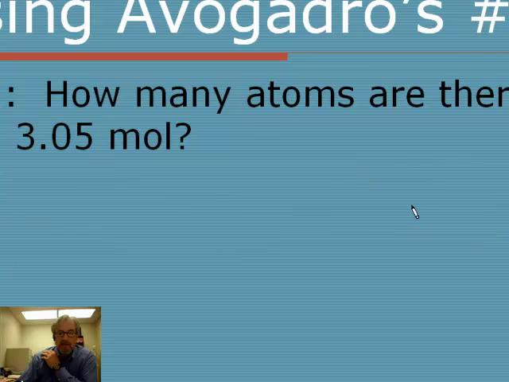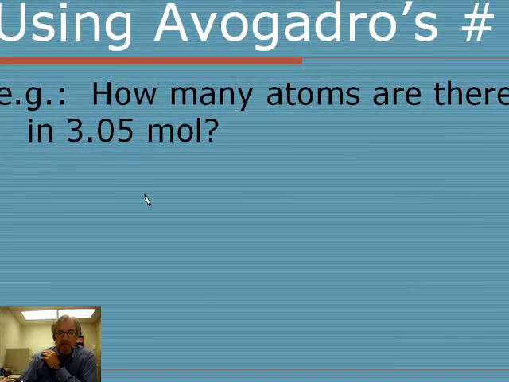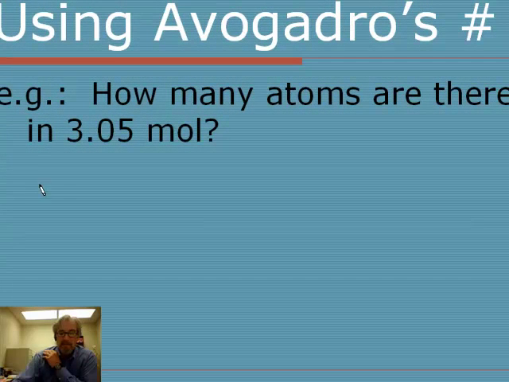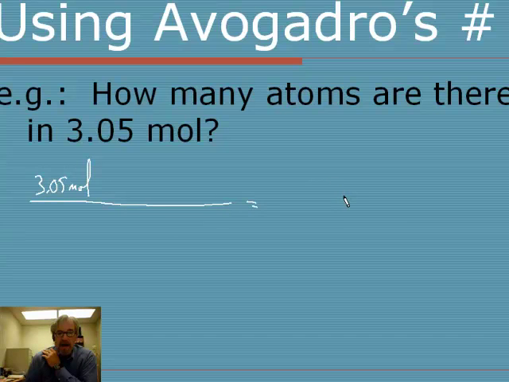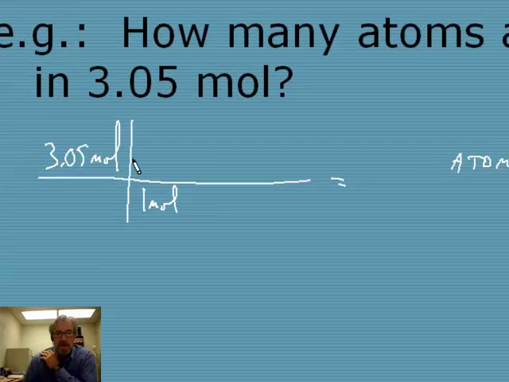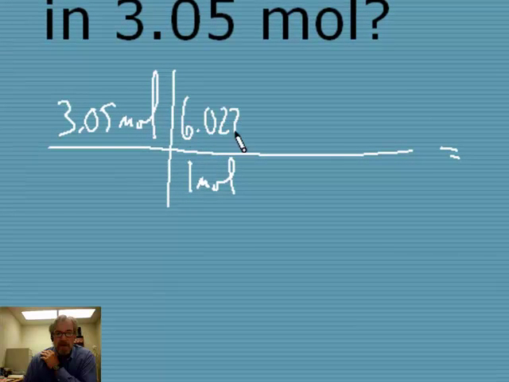I could solve that same problem using dimensional analysis. So I can go 3.05 moles and write down over here my target unit, which is how many atoms. And then the conversion factor that's going to help me is, here's 1 mole, and 6.022 times 10 to the 23rd is the number of atoms in 1 mole.